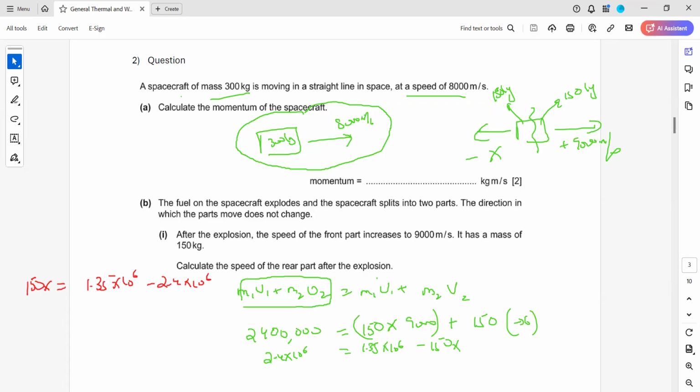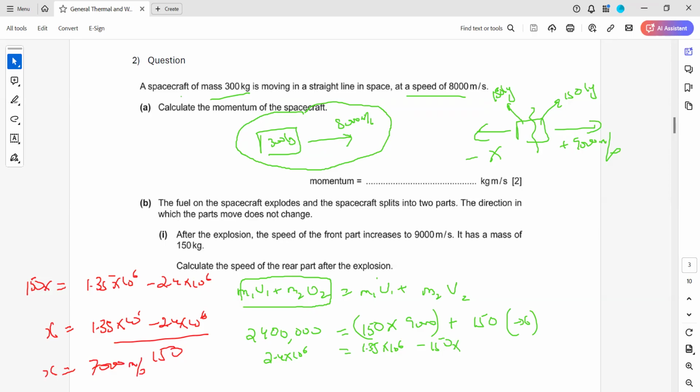So after subtracting, it will be (1.35 × 10^6 minus 2.4 × 10^6) divided by 150, and this will give us the value for x, the magnitude, which is about 7,000 meters per second.